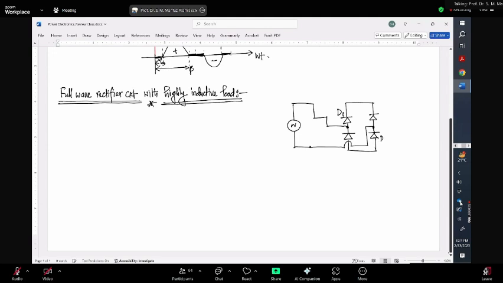So this is my D1, this is D2, this is D3, this is D4, and now it is connected with a highly inductive load with a battery source. Suppose this is my output V naught. So now can anybody tell me what will happen here?